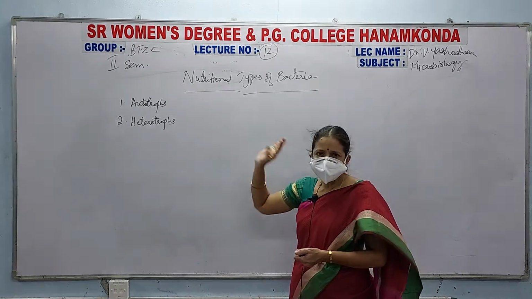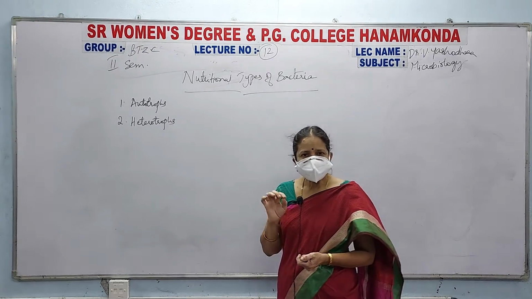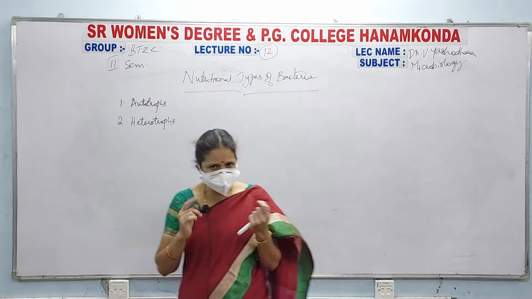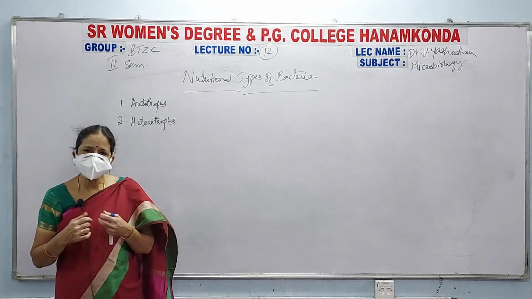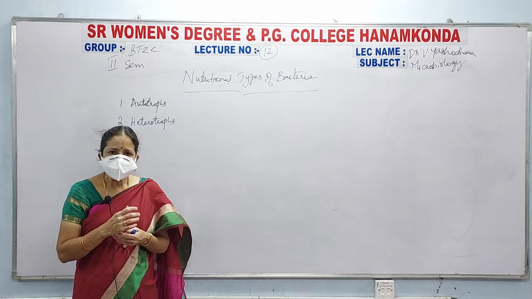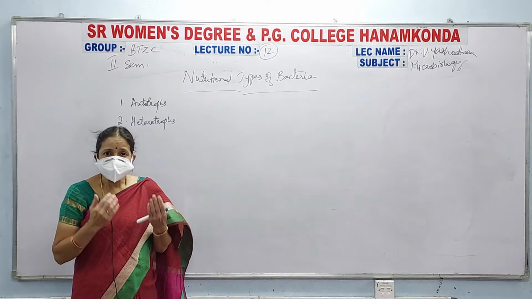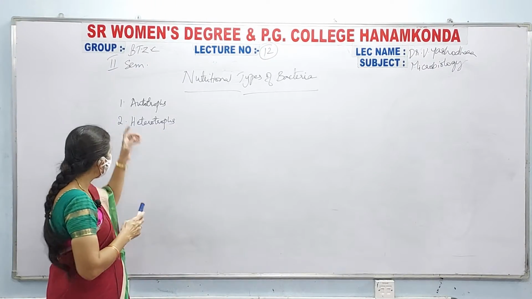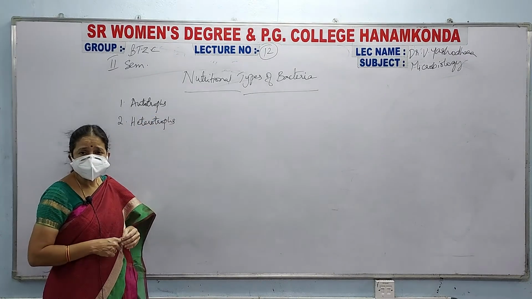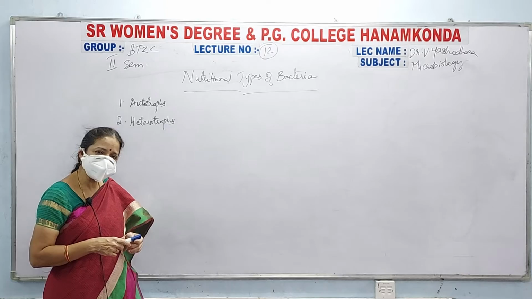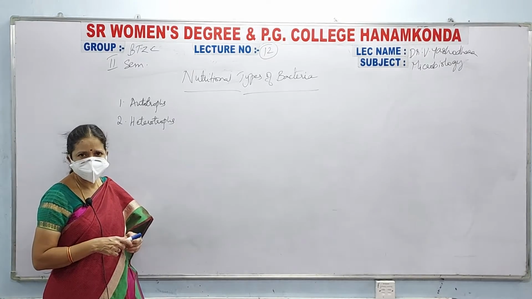So autotrophs are the organisms which use energy from the external environment and synthesize organic nutrients. These are called autotrophs. In short, these are the organisms which can synthesize their own food material.